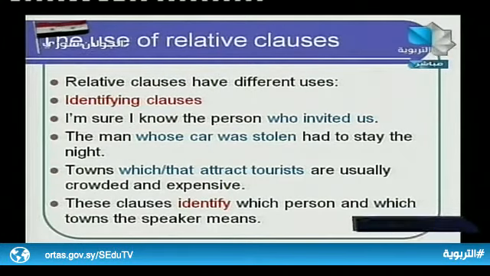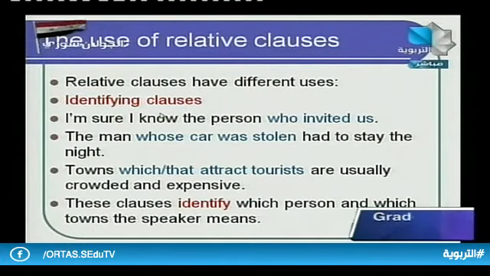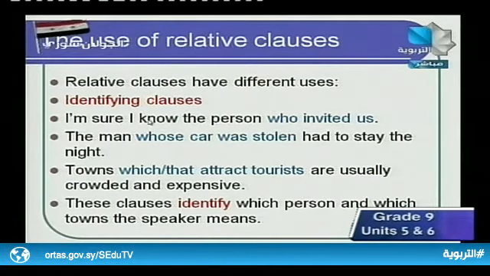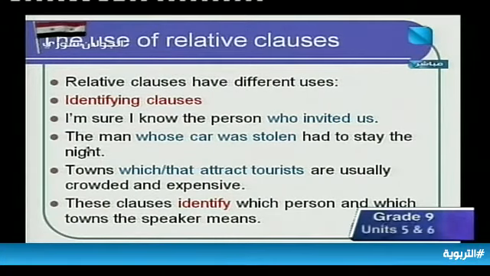And here, of course, I put who for person because we've mentioned before that which is for things. And we put the rest of the sentence. And here, who invited us is the relative clause, which is used as an identifying clause.